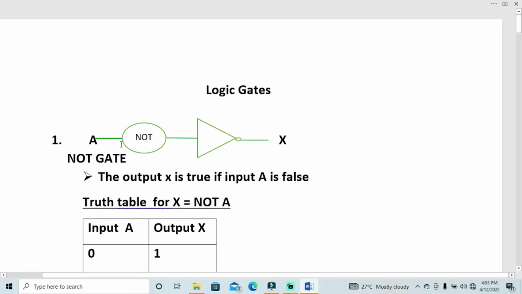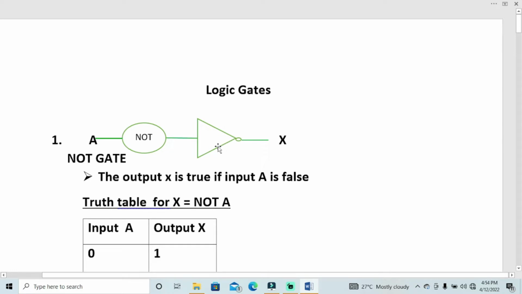So for NOT, we just have one input, which is A, and the symbol looks like this, and you don't want to forget the oval on the front.